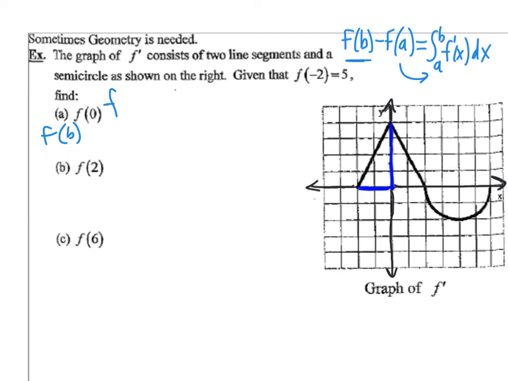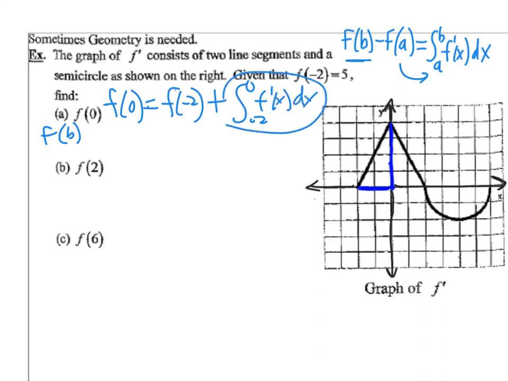So f of 0 is going to be equal to f of negative 2, which is 5, plus the definite integral from negative 2 to 0 of f prime of x dx.